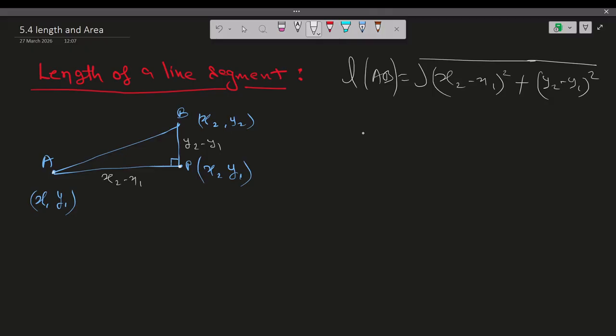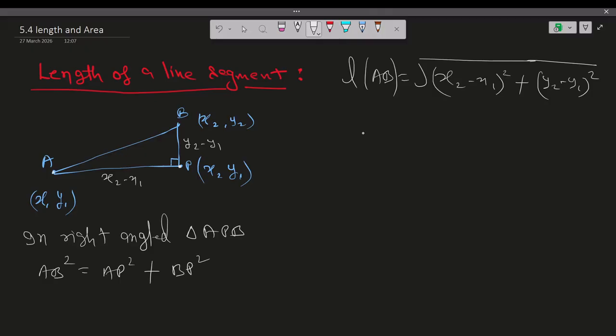We can apply Pythagoras in the right angled triangle APB. AB square is equal to AP square plus BP square.